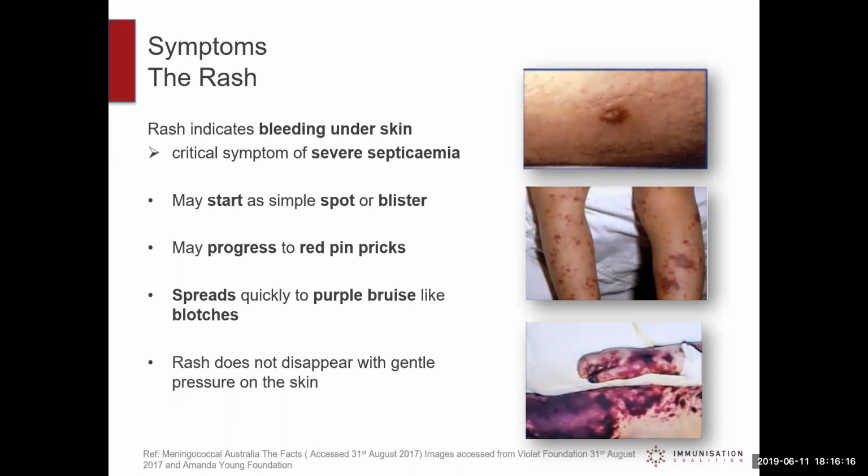So obviously these people are very sick. They can go into shock, their blood pressure falls and their circulation fails, particularly in the extremities. So amputations of fingers and toes and limbs certainly can occur, and obviously also death can be a result.